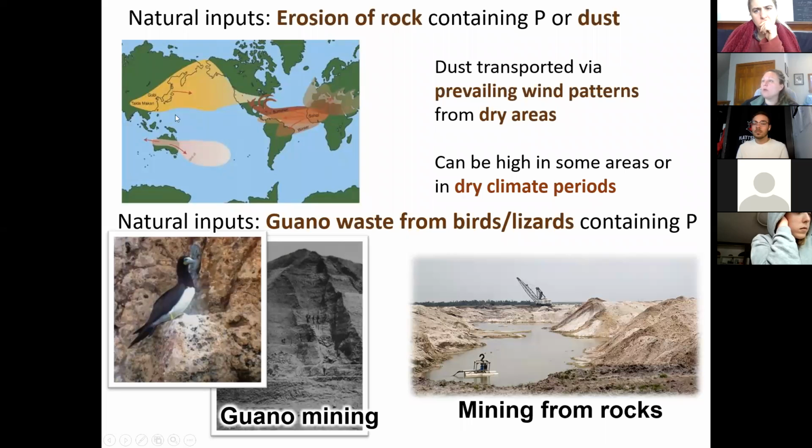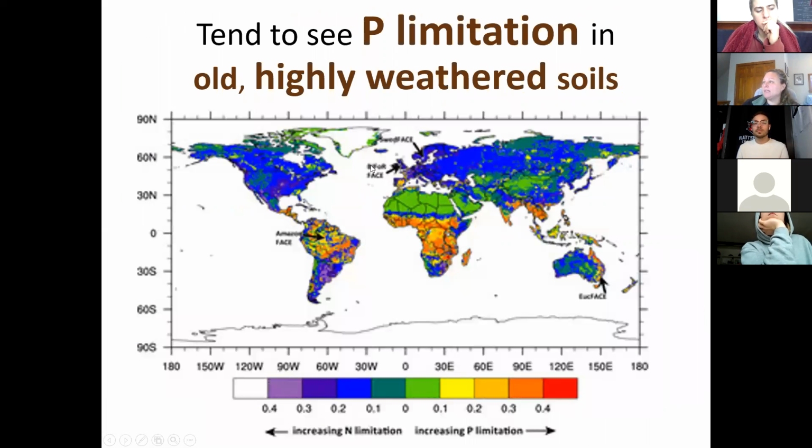So again, where is it coming from? It's coming from erosion of the rocks, mining of the rocks, guano, as I mentioned, the waste of these organisms, and winds can carry it across on the jet stream to other places that you wouldn't think have it. And so we tend to see that in really old soils that are highly weathered, they have lost a lot of the phosphorus.